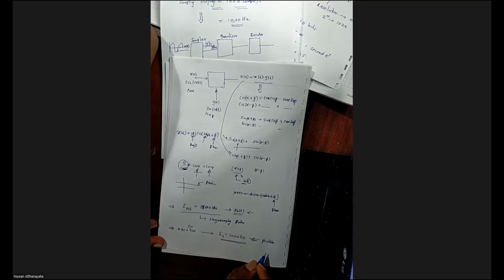So part C is asking for the resulting discrete time signal with respect to the 1000 hertz sampling rate.